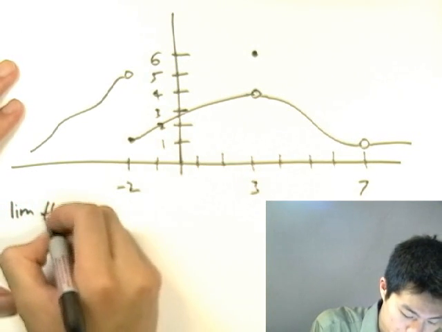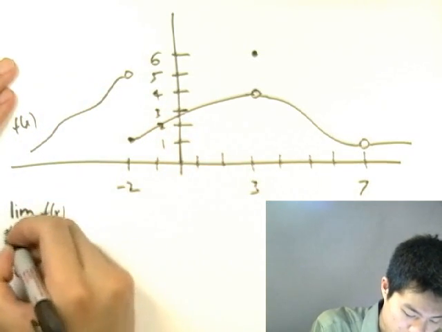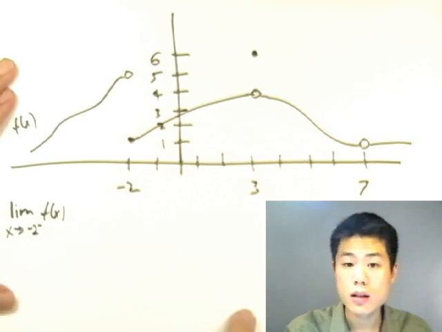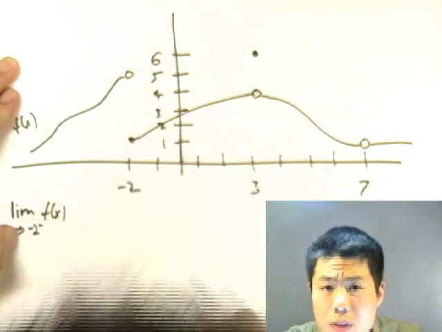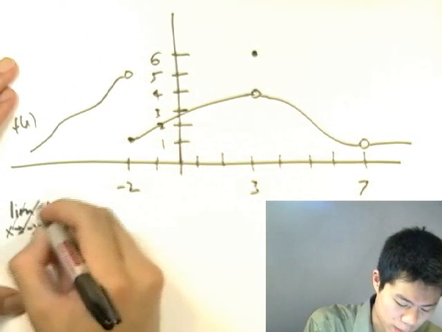The limit of f of x, okay, this is a graph of f of x. The limit of f of x as x approaches -2 from the left. Let me write it bigger.